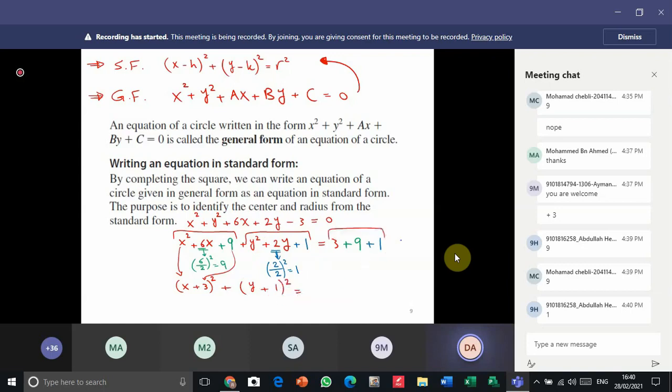The summation of 3 plus 9 plus 1, we have 13. So we can obtain the center and the radius from the standard form. This is the standard form. And the center equal negative 3, negative 1, and the radius equal radical 13. Okay, any question? Any question?